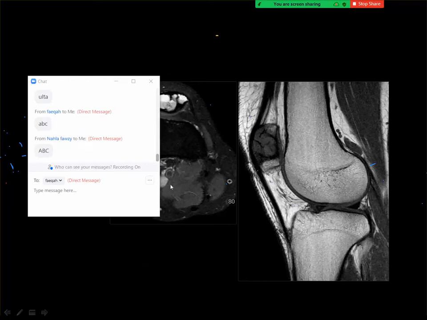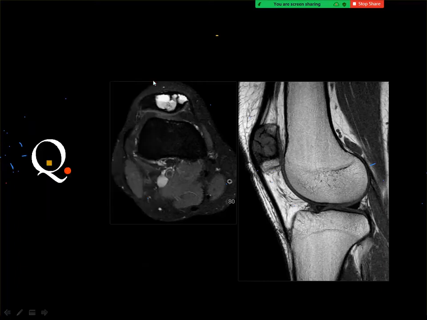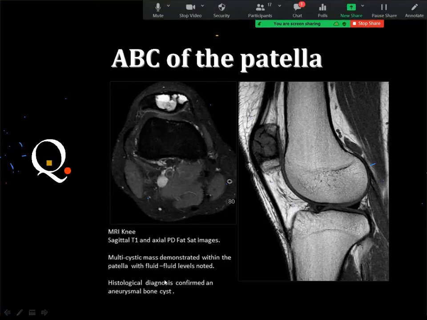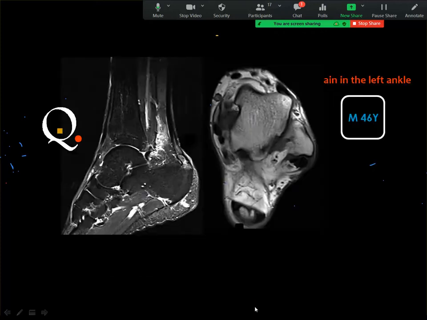ABC is a very good possibility, and as many of you have said this, this is aneurysmal bone cyst of the patella, which is an odd site for the aneurysmal bone cyst. But if you look carefully in the STIR image, you can see some fluid levels, which is one of the characteristics of aneurysmal bone cyst.